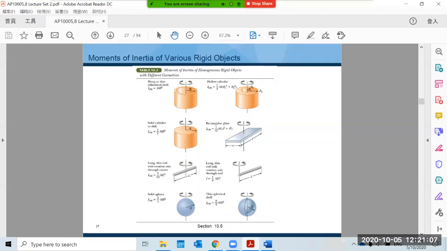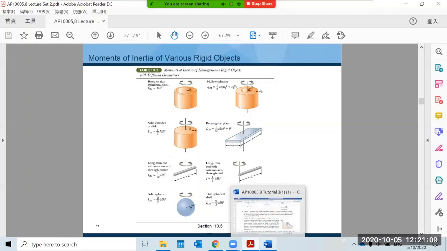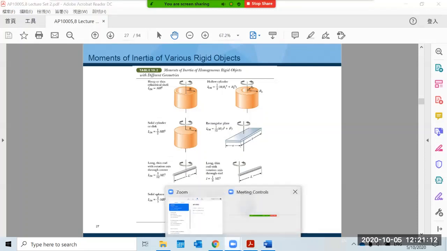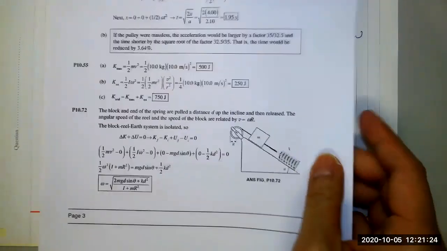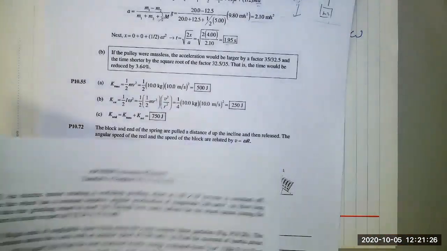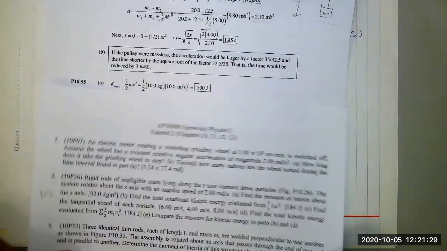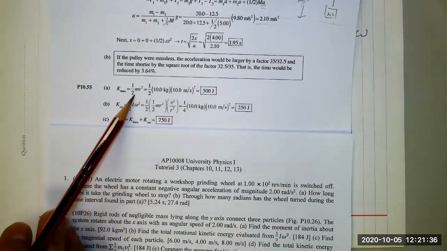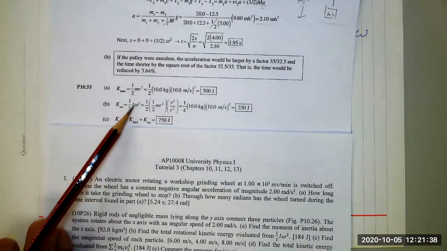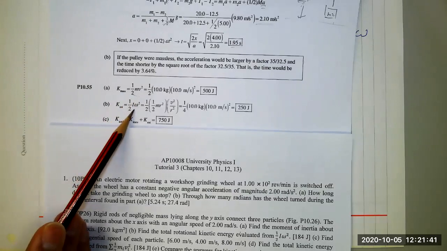I better just show you the solution here. It's not very convenient to use Zoom to teach, but anyway. So it is question 5. The linear kinetic energy is 1/2 mv squared, the rotational kinetic energy is 1/2 I omega squared.